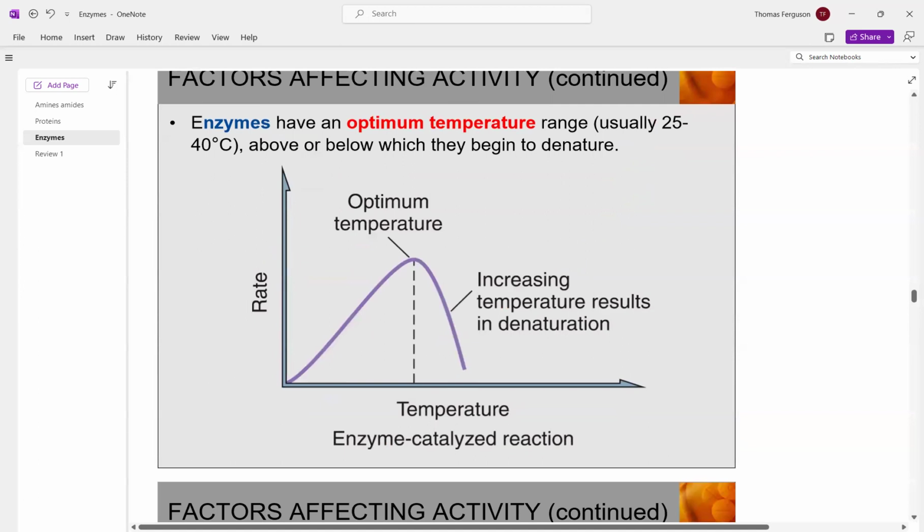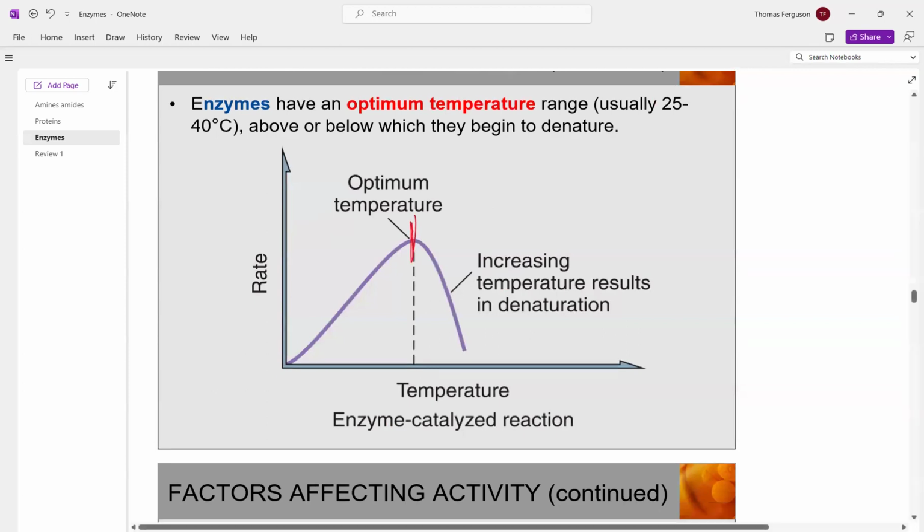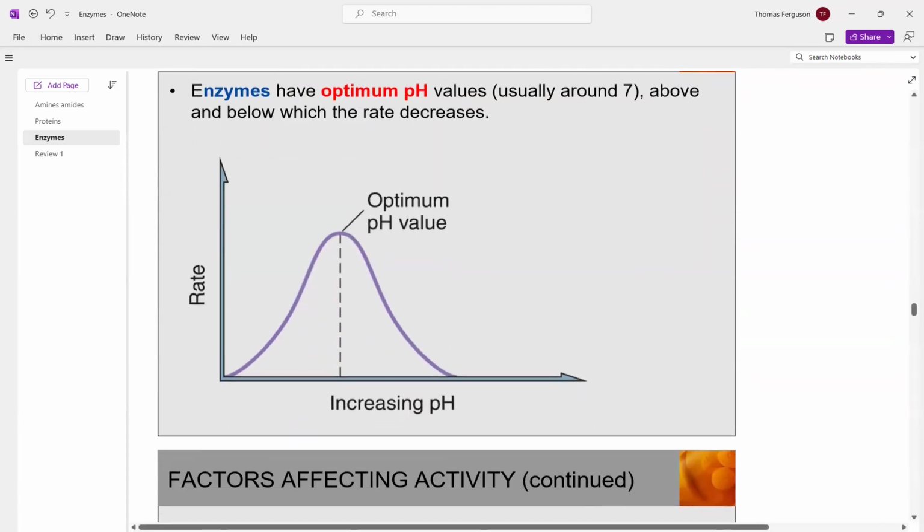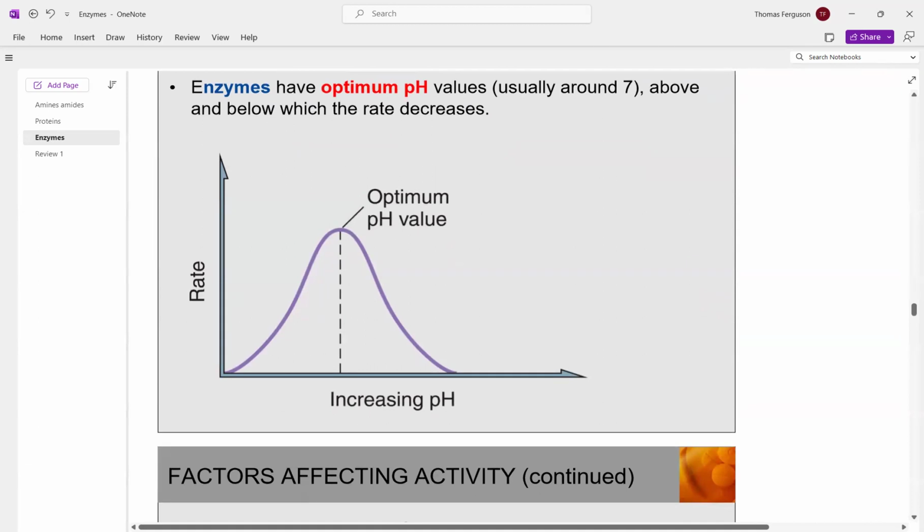So the rate and temperature are very closely related. And there's always an optimum temperature and an optimum pH by which enzymes work their best. It's like pH.